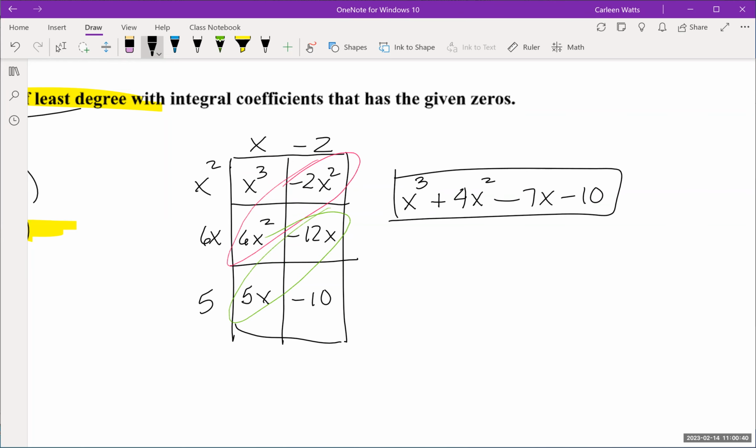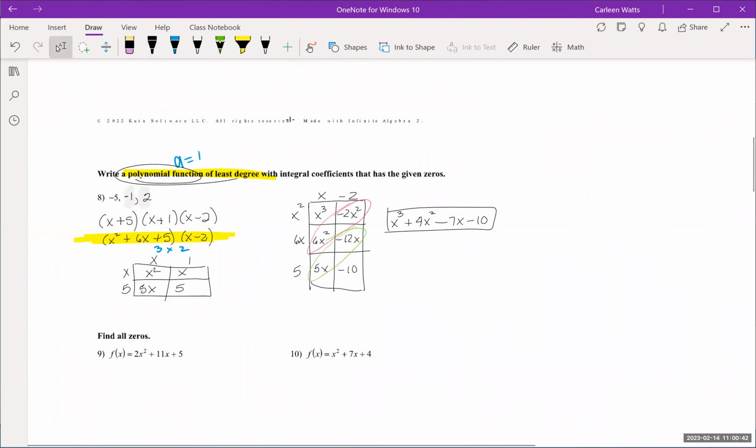There is our polynomial with no worries, with zeros -5, -1, and 2.